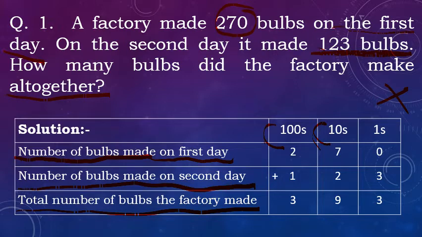Again in the number 123, 100, so 1 will go to hundreds place. 20 means 2 tens, so 2 will go to tens place and 3 will go to ones place. And after that you need to add. 0 plus 3 is 3. 7 plus 2 is 9. 2 plus 1 is 3. So total number of bulbs the factory made is 393.